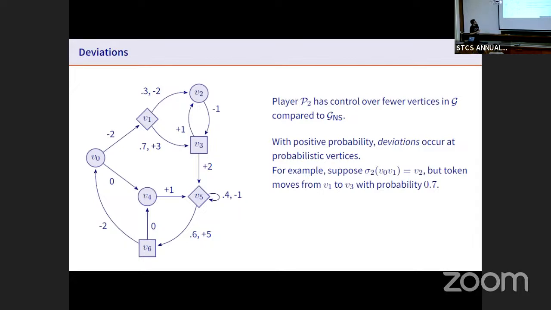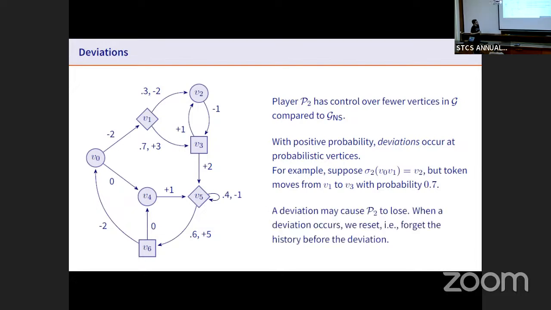In the non-stochastic version of this game, suppose whenever the token reaches V1, player 2 would like to move the token to V2 in the adversarial game. However, in the stochastic game, the token may move from V1 to V3 with some positive probability, and this may cause player 1 to lose.